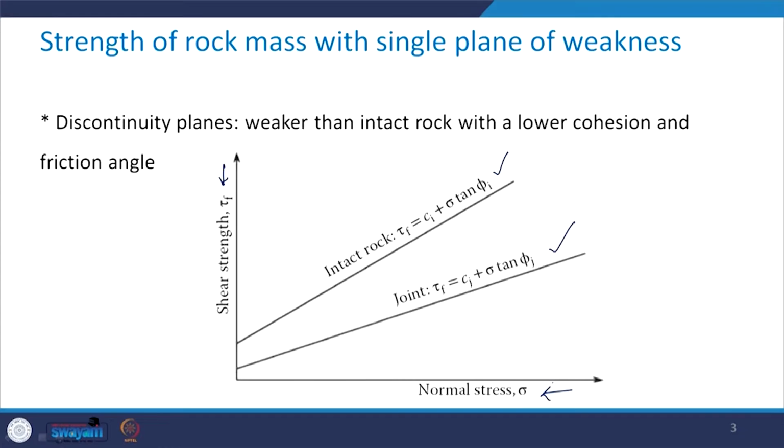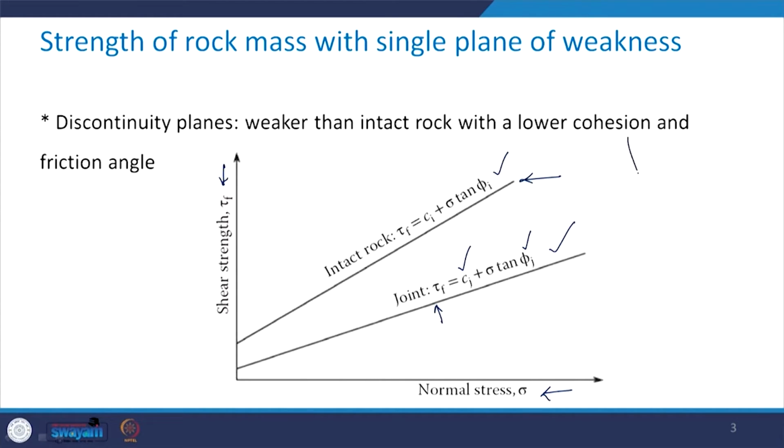I do not need to explain this now: obviously intact rock will have much larger strength as compared to that of the joint, and this would result in a lower value of cohesion and friction angle in the case of joints.